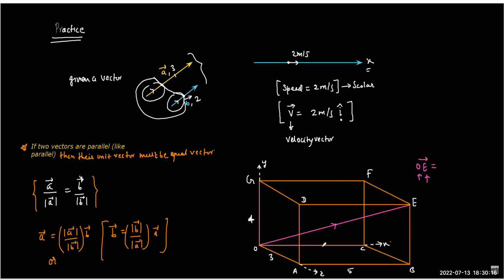As you walk, at any instant, your direction will be either parallel to the x-axis, y-axis, or z-axis, or the reverse of the three: minus x, minus y, minus z. And we know that for a person walking along the x-axis, the direction is called I cap, for y it is J cap, and for z it is K cap. So tell me guys, what is your answer when you walk from O to E along the edges? Make sure you use the proper direction unit vector while you walk.